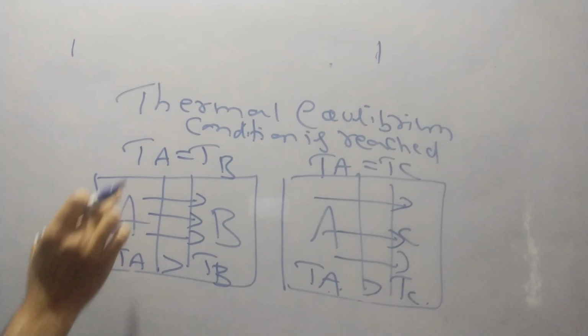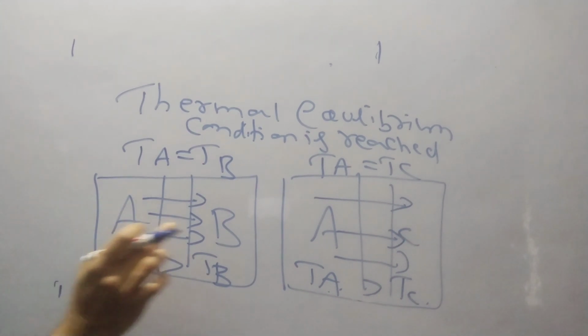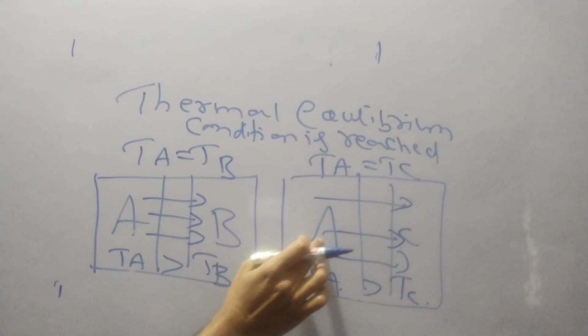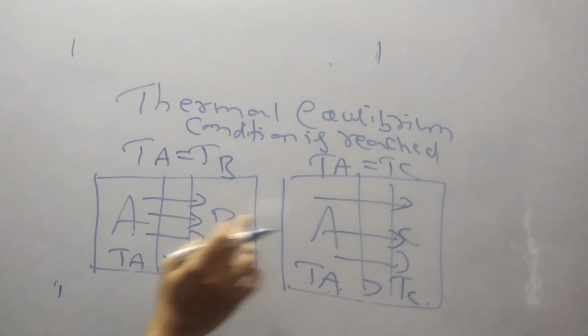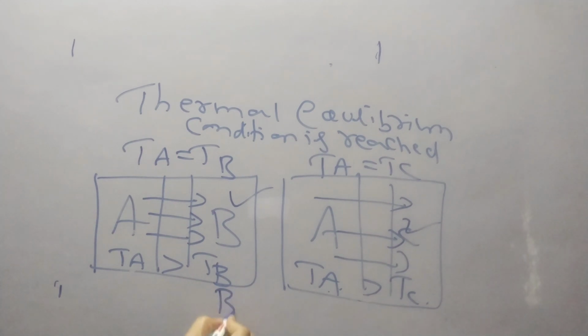Now, the zeroth law states that whenever A is in thermal equilibrium with B, and A is in thermal equilibrium with C, A being common here, then B is in thermal equilibrium with C. So that is our zeroth law of thermodynamics.